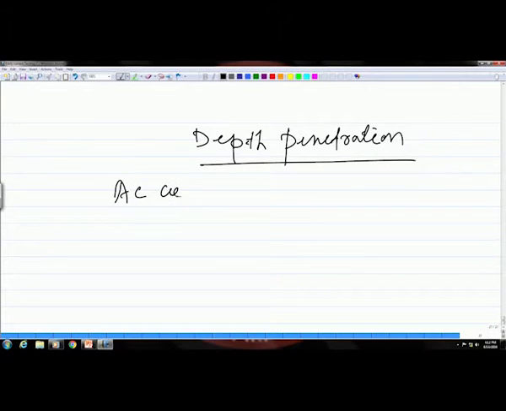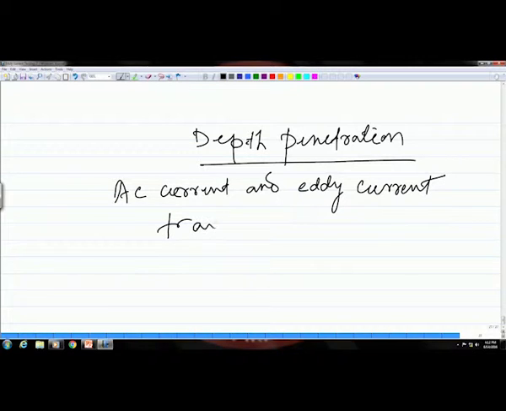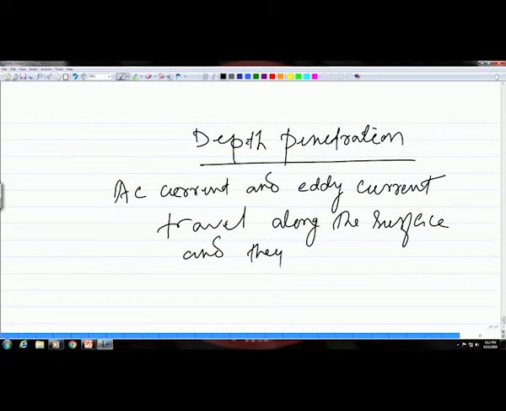So, both the alternating current and the induced eddy currents, as I said, travel along the surface and they penetrate very little into the depth.